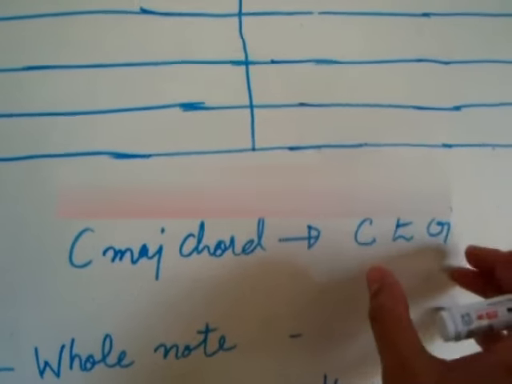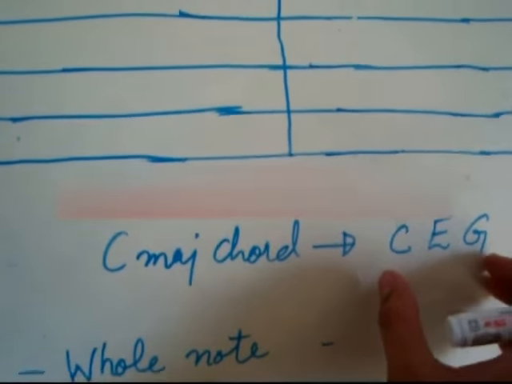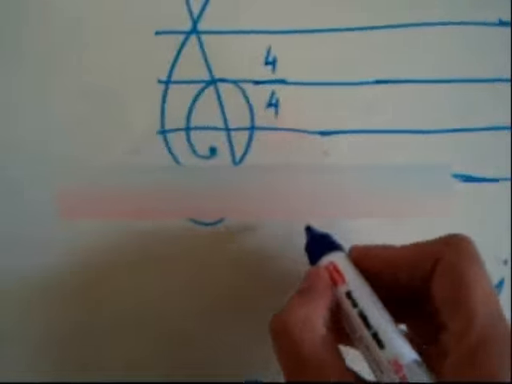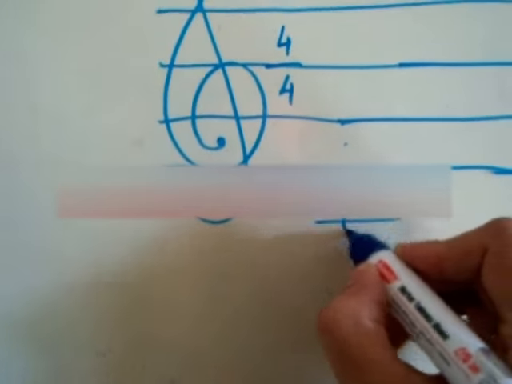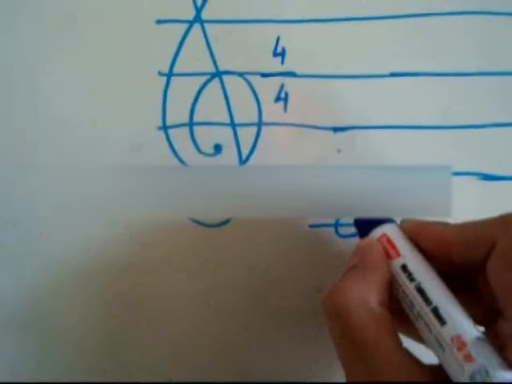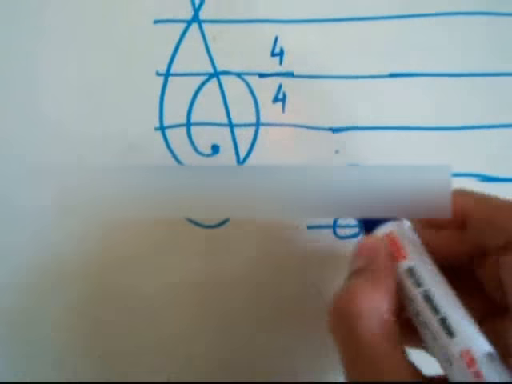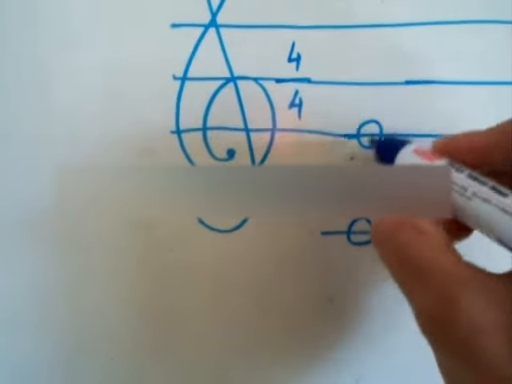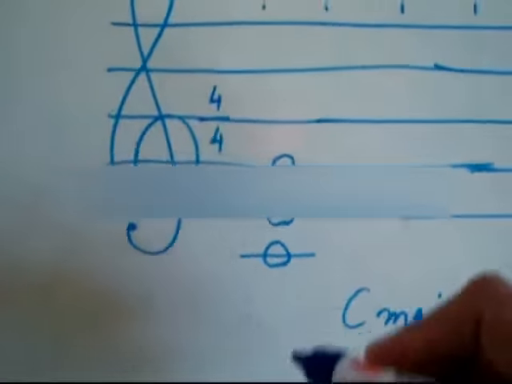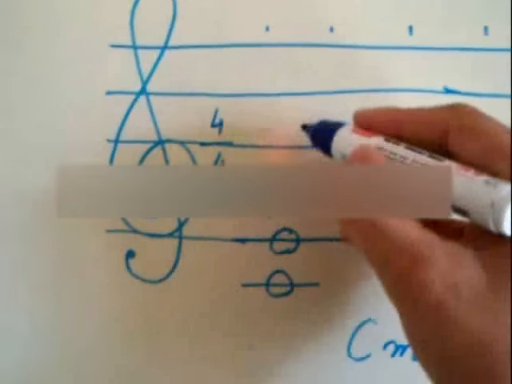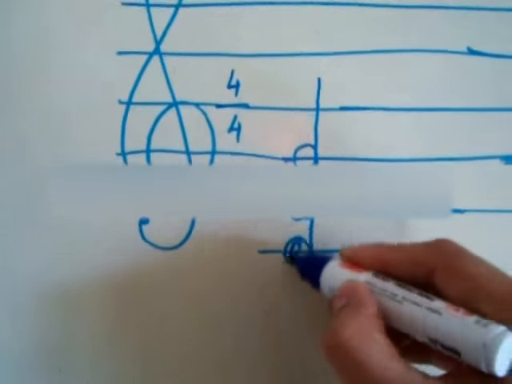Now you have to play the 3 notes together. Actually this is a triad. In this way, this is your C, this is your E, and this is your G. Okay, and if you are going to play this chord for one beat, then you should use this symbol.